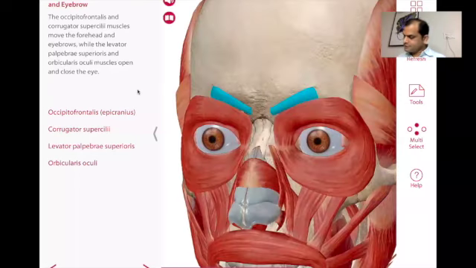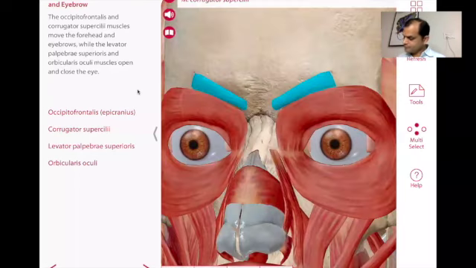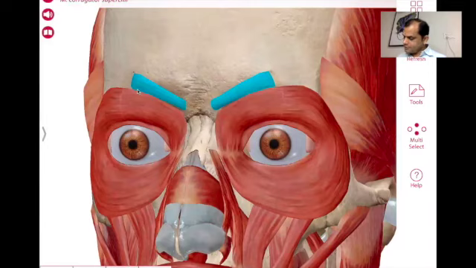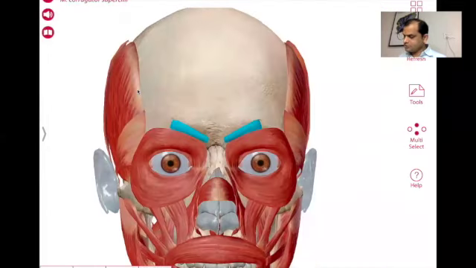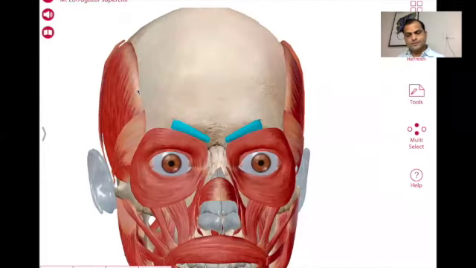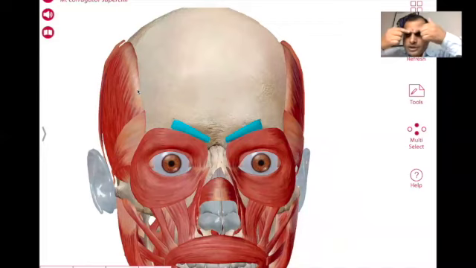So look at this muscle. This muscle is just on the eyebrows. This muscle is getting affected. The name of this muscle is corrugator.